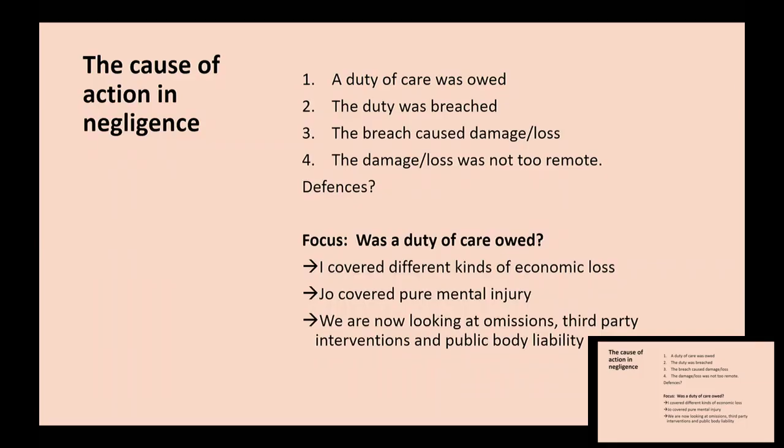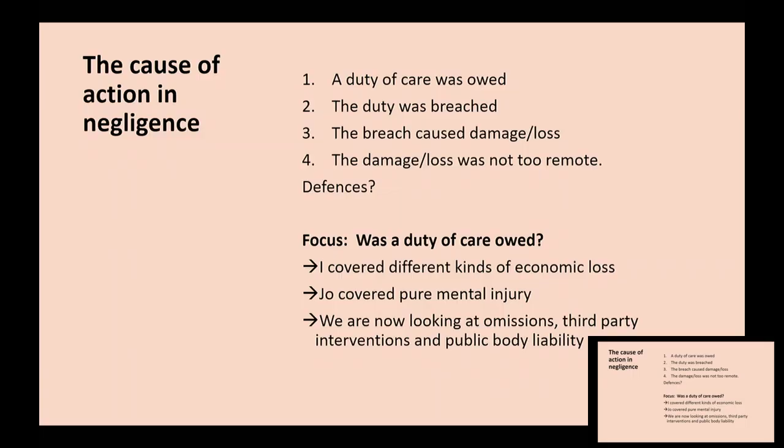So Joe discussed those 4 questions first, then I came in and for 3 weeks we looked at the question of when will the defendant owe the claimant a duty of care not to cause them economic loss. We looked at our interest in avoiding economic loss, and we talked about why economic loss is and should be treated differently to interests like bodily integrity and property.